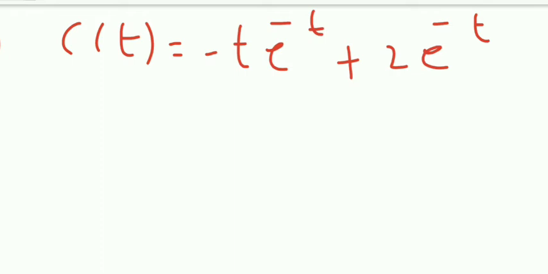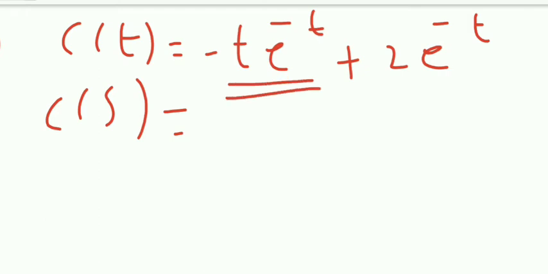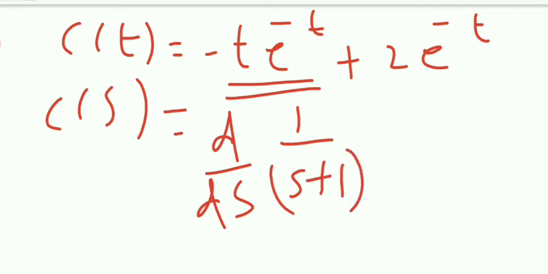First we find everything in the Laplace domain. We find the closed loop transfer function, and from that we will find the open loop transfer function. If you take the Laplace transform of the impulse response, what you get is the transfer function. So C of s equals, for t into e power minus t, the Laplace transform is minus d by ds of the Laplace transform of e power minus t, which is 1 by s plus 1.